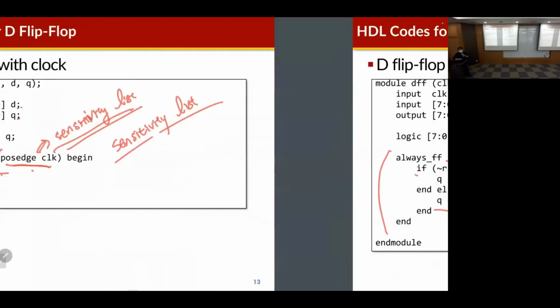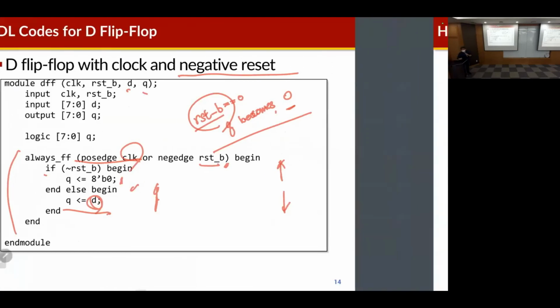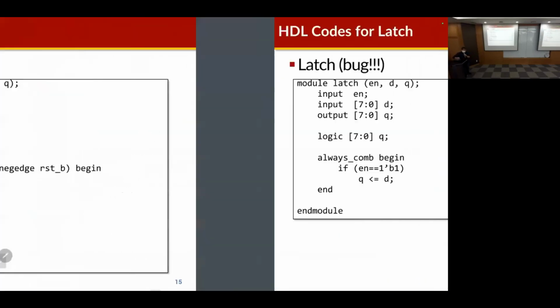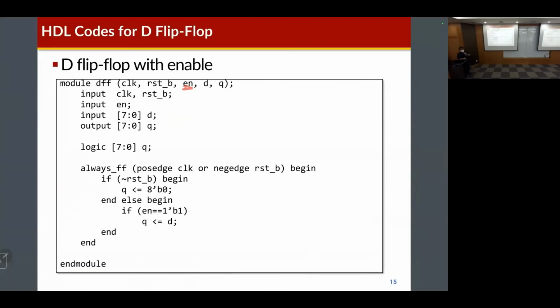So how can you implement this flip-flop with the enable signal? We also require the additional input, enable. Also, this flip-flop has the negative reset. It's the same: the reset signal is the negative asynchronous reset.